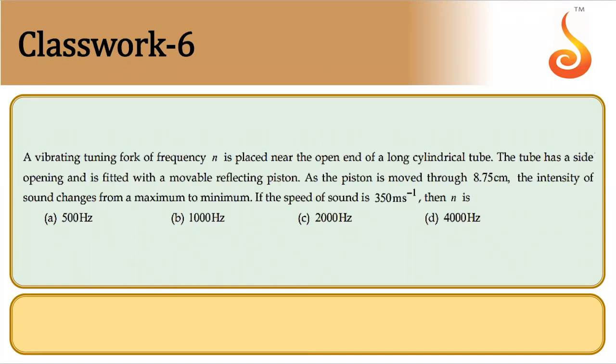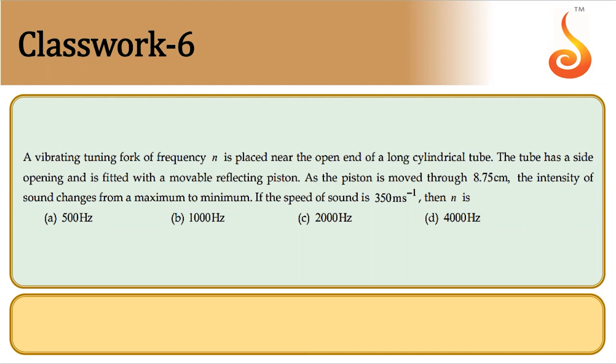A vibrating tuning fork of frequency N is placed near the open end of a long cylindrical tube. The tube has a side opening and is fitted with a movable reflecting piston. As the piston is moved through 8.75 centimeter, the intensity of sound changes from maximum to minimum. If the speed of sound is 350, then N is.